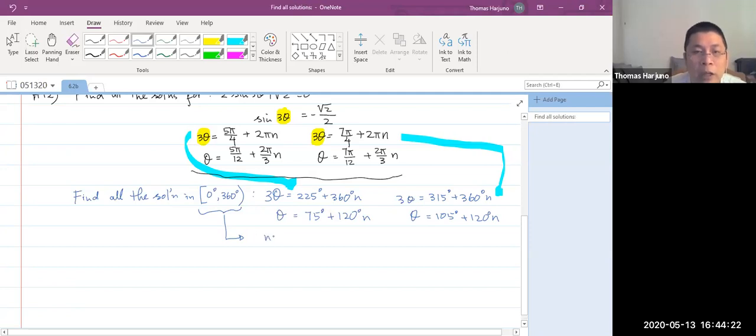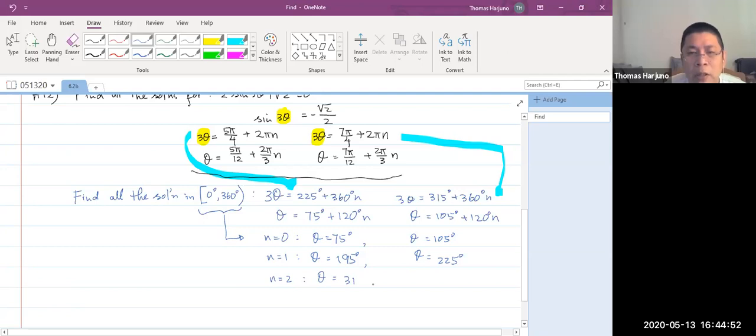So when n equals 0, that's easy. Theta equals 75 degrees. Theta equals 105 degrees. When n equals 1, theta equals 195 degrees. Theta equals 225 degrees. When n equals 2, theta equals 315 degrees.